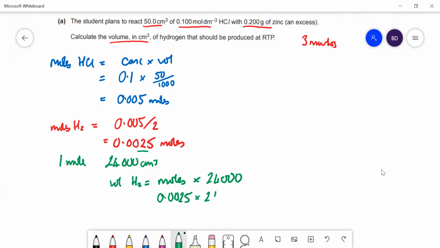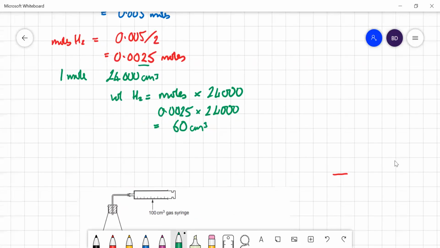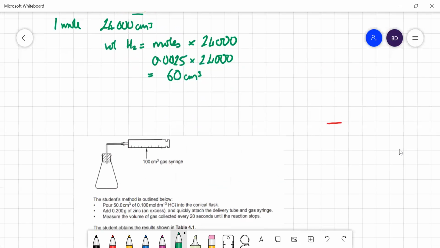That gives us a volume of 60 centimeters cubed. So that's how much gas we expect to be produced when the reaction is finished.